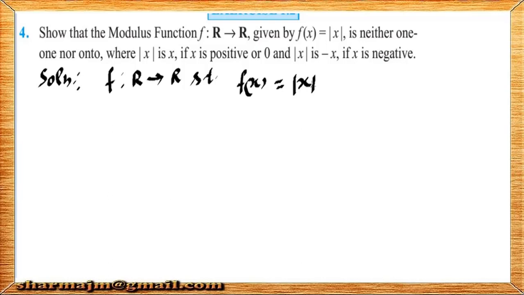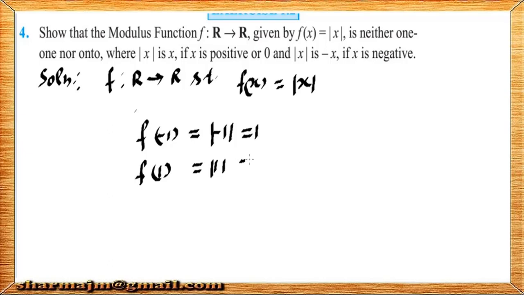So we will check this function for 1 1 and onto. Here f of minus 1 will be minus 1 mod, which is 1, and f of 1 will be 1 mod, that is also 1. So therefore f is not 1 1. It is not a 1 1 function.